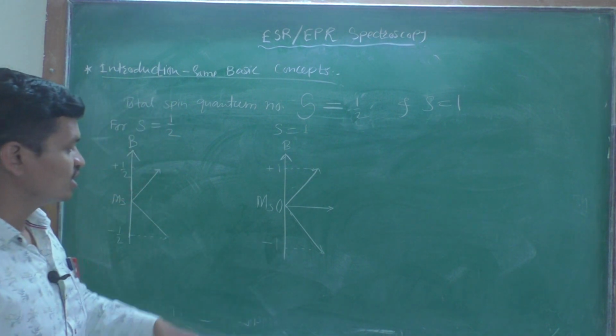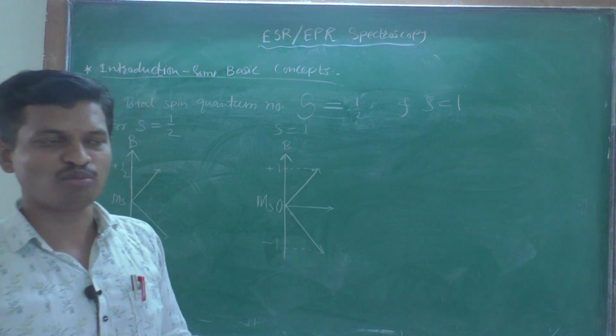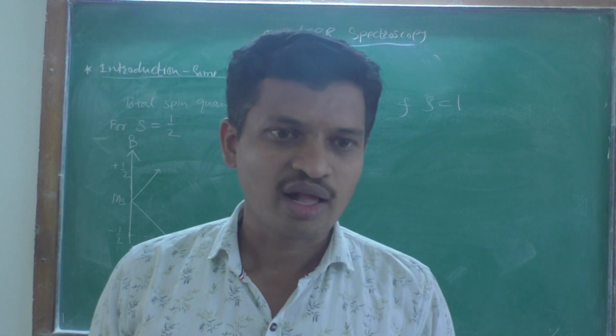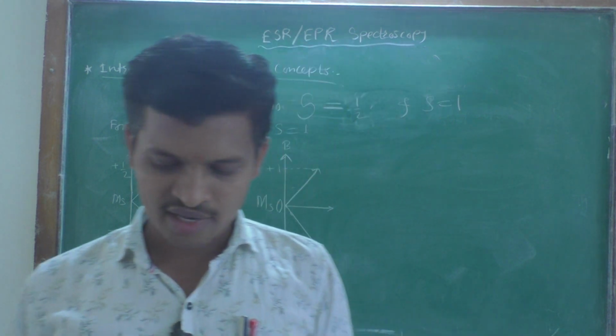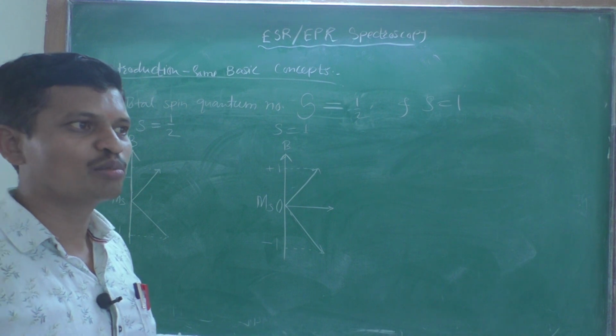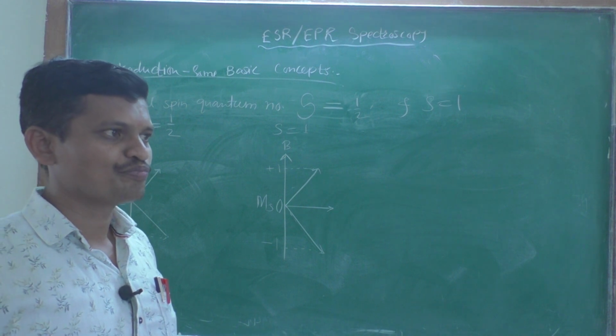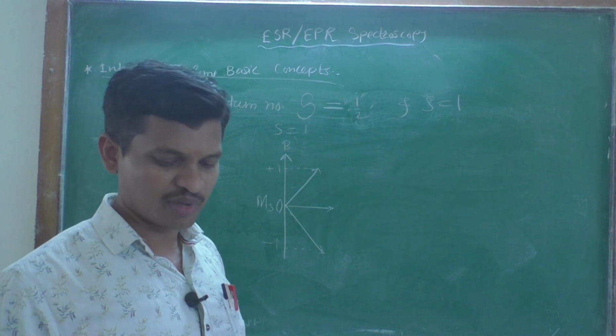So plus 1, 0 and minus 1, these 3 states are possible for capital S is equal to 1. And from this formula we can calculate the possible number of ms values for the given total spin of the chemical species.